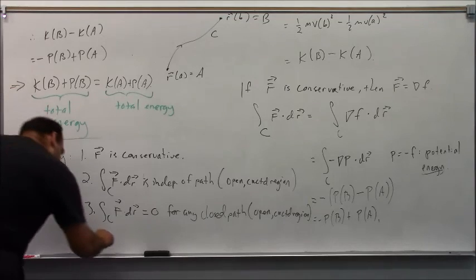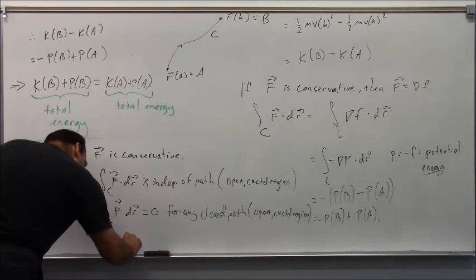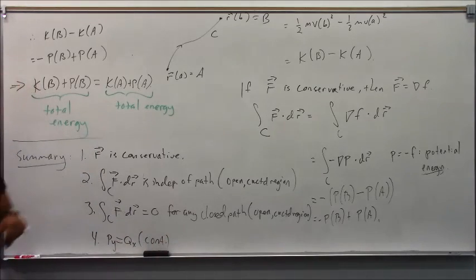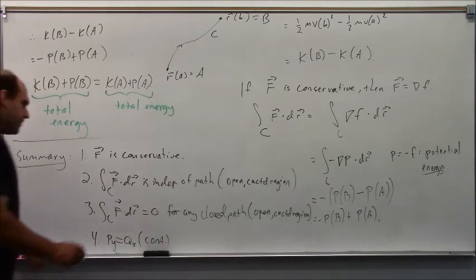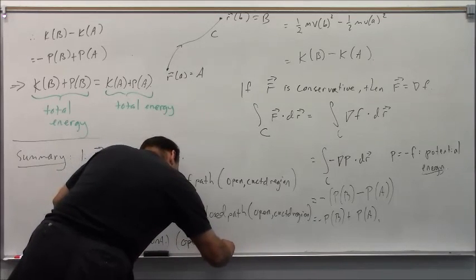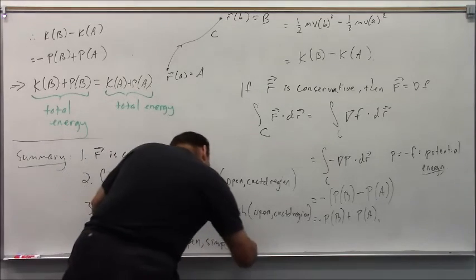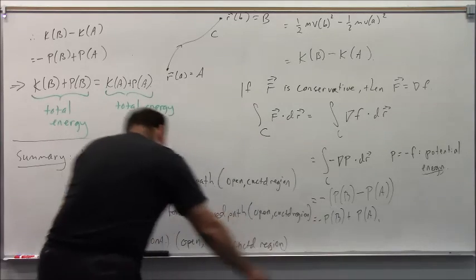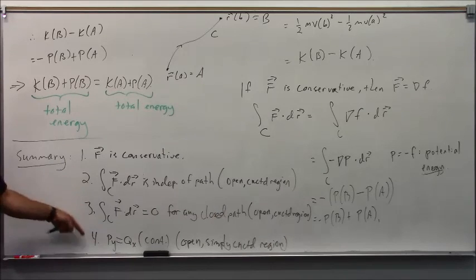And for the fourth, we have P sub y equals Q sub x, where P sub y and Q sub x are both continuous. And in this case, we need an open and simply connected region. If any one of these, 2, 3, or 4 happens, then the first one happens also, and vice versa.